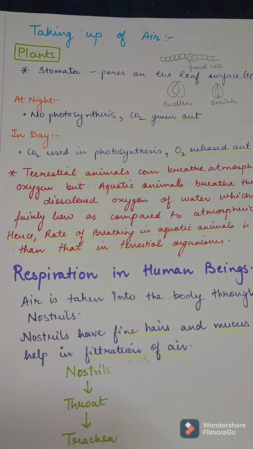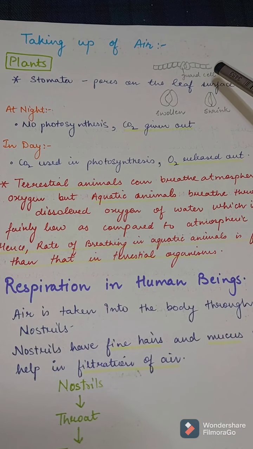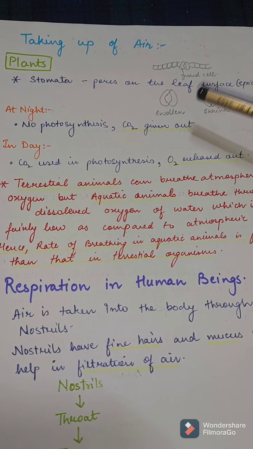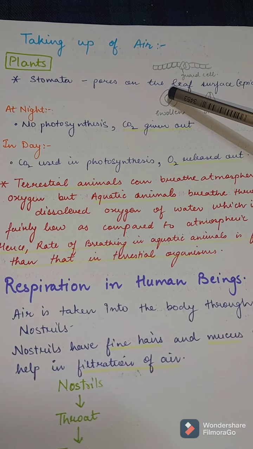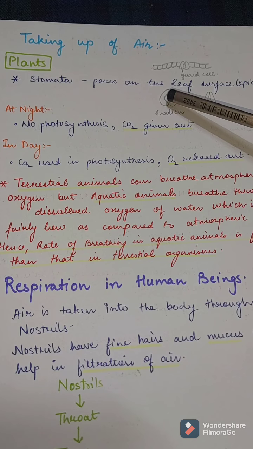Next is taking up of air, how different organisms take up air. So first is plants. There are some pores present on the leaf surface, that is in the epidermal lining of the leaf, and these are known as stomata. And the working cells of stomata are the guard cells. These are the kidney shaped or bean shaped cells. When they are swollen, there is a passage for the air to pass and exchange of gases takes place.